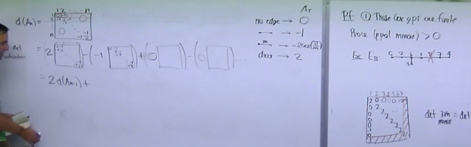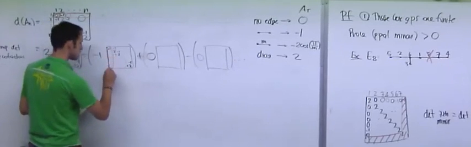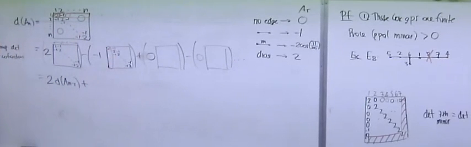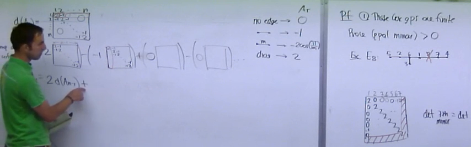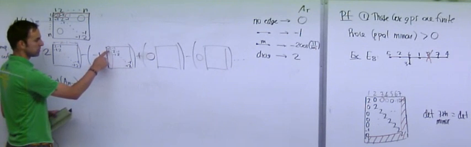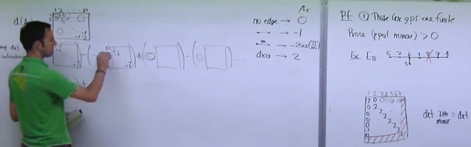Well, I use cofactors again. So I choose a row or a column that has a lot of zeros. And you see there's a very good choice, because this column is basically all zeros except for one entry. So when I apply this cofactor expansion, I'm going to get a single term, which is minus 1 times the determinant of this matrix.